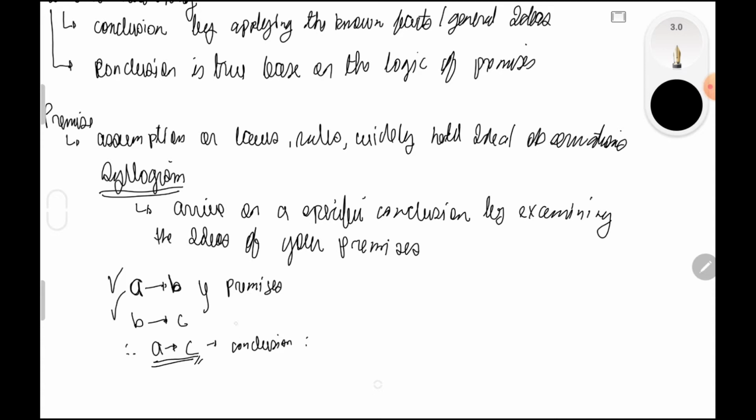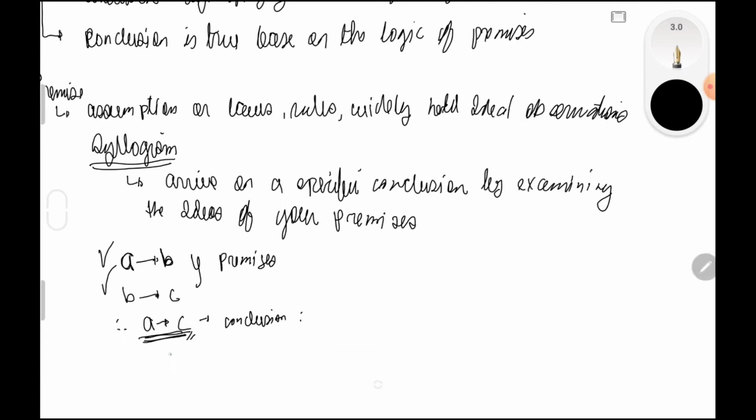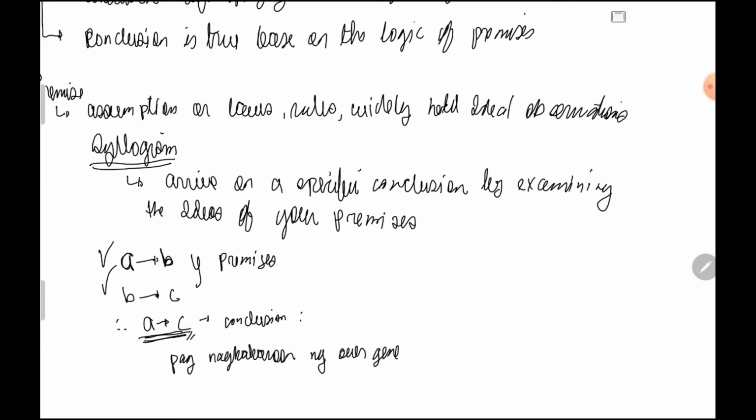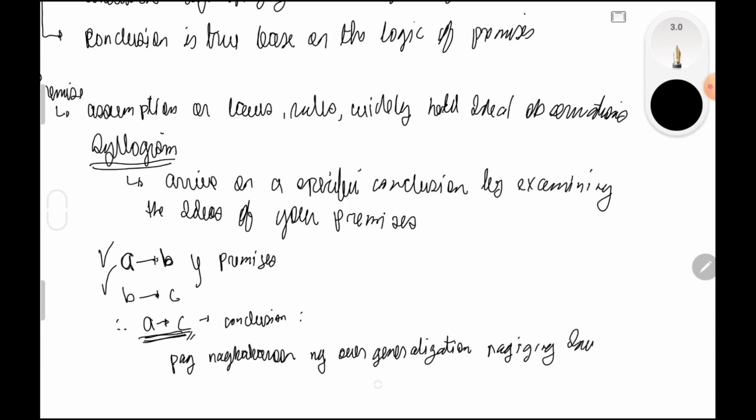But if this tinatawag nating conclusion natin overextend, or nag-overgeneralize siya, so pag nagkaroon ng generalization, nagiging false to or nagiging invalid to. Okay?